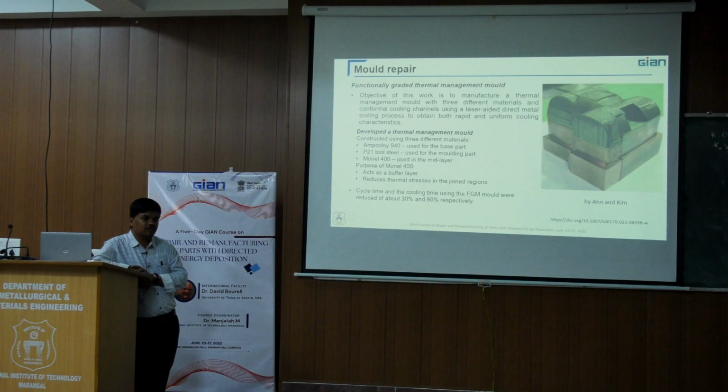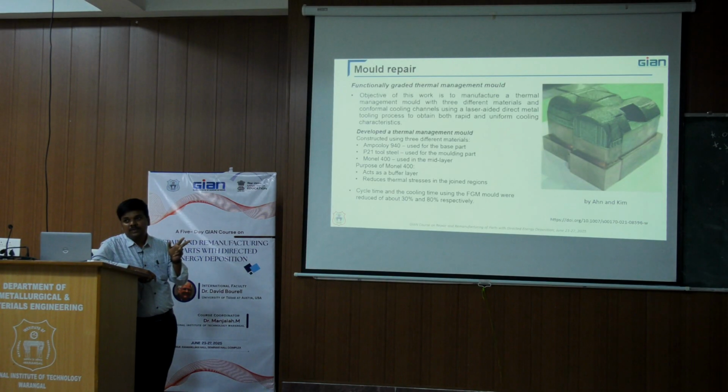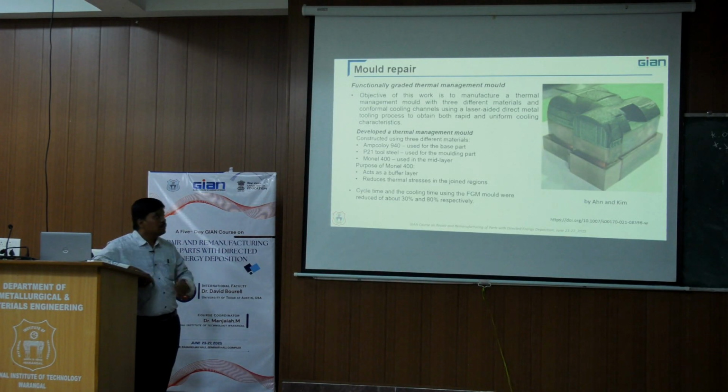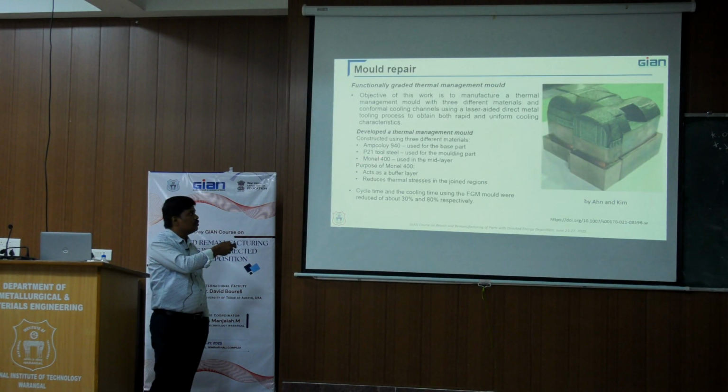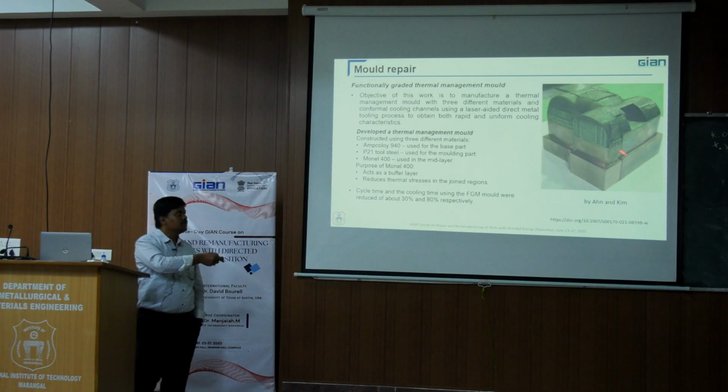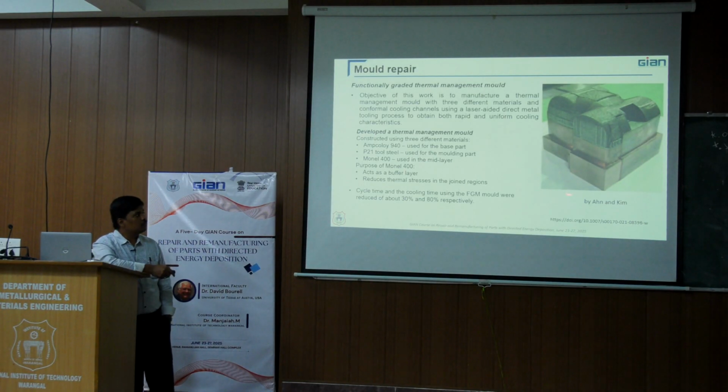But the deposition of these two metals is going to be challenging, because at the interface we will end up with a lot of thermal expansion mismatch, and defects are going to form, and maybe even deformation is going to take place. But for those aspects, we have added an interlayer. That's the Monel, used between these two components for this molding part.